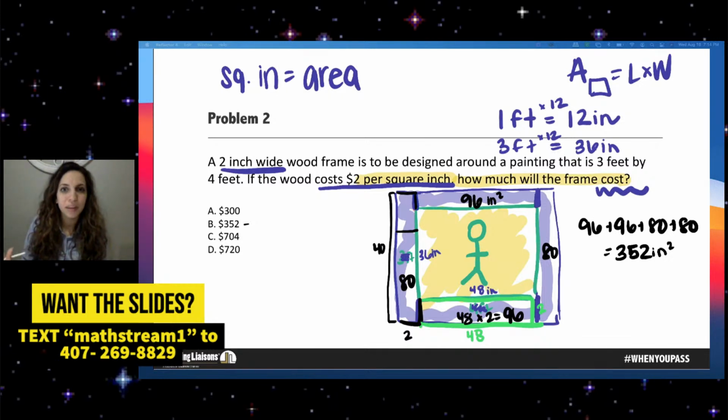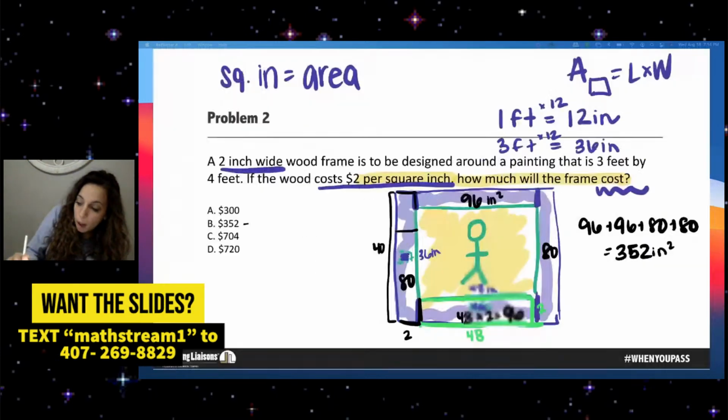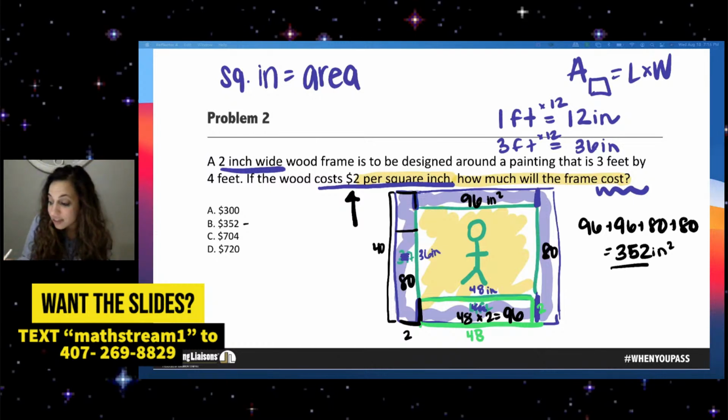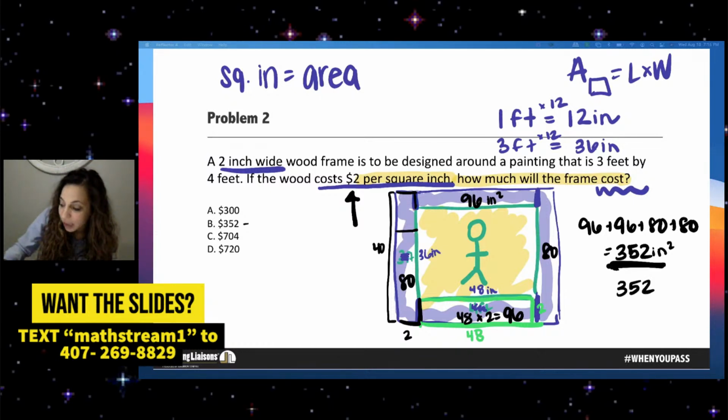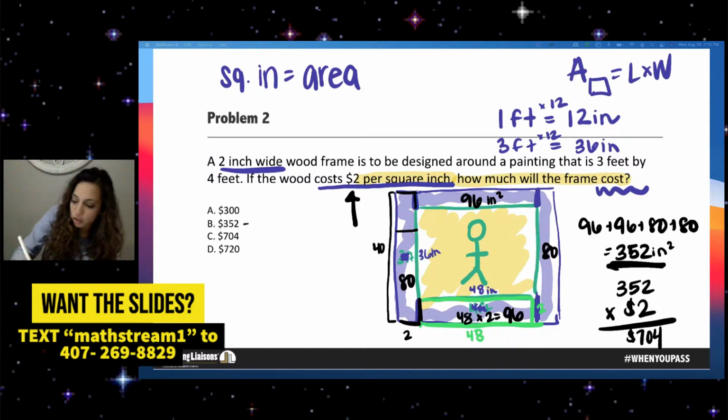That number gives us the area of the frame. It doesn't give us the cost of the frame. The cost of the frame is $2 per square inch. So if this is the number of square inches, I have to take that and multiply it by $2, which is ultimately going to give me $704.